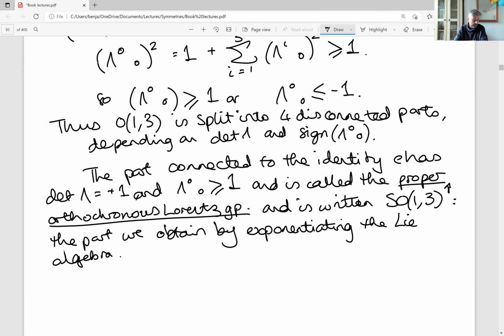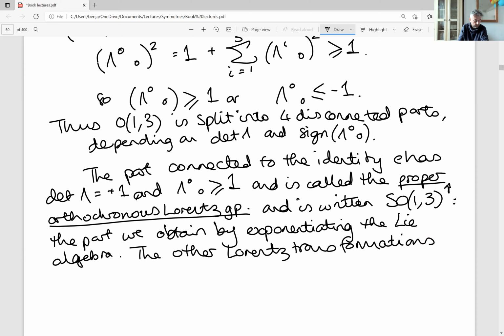So what about the other bits of the other Lorentz transformations? Well, they can be obtained by multiplying this part.